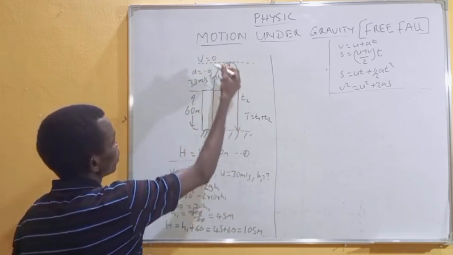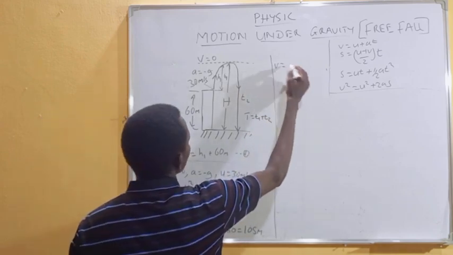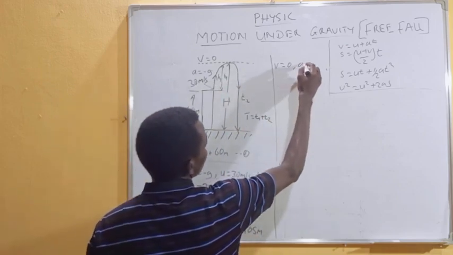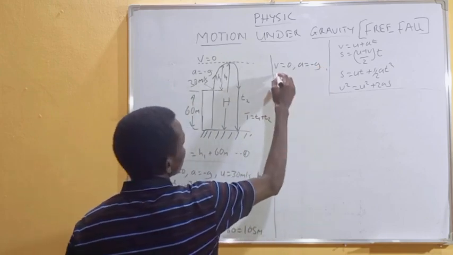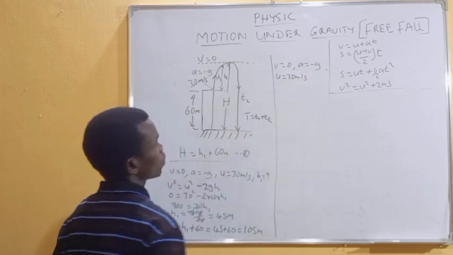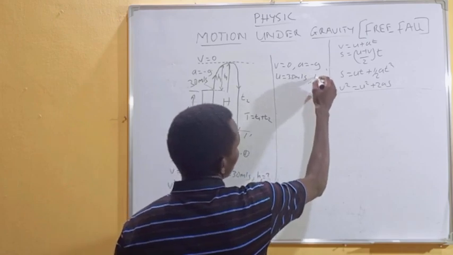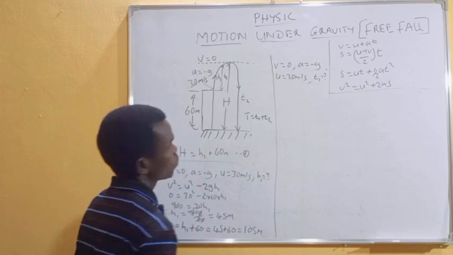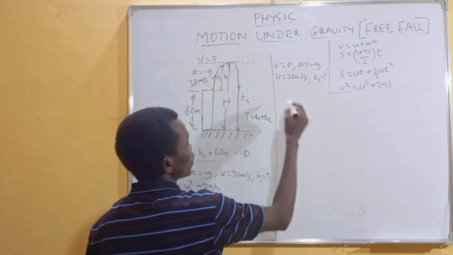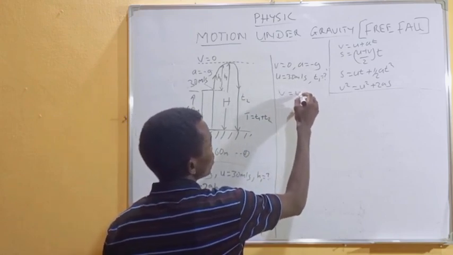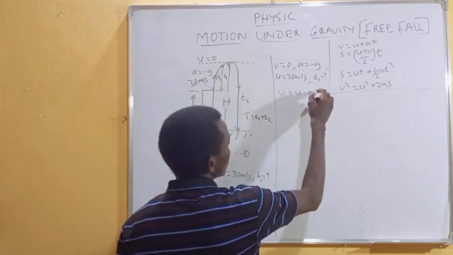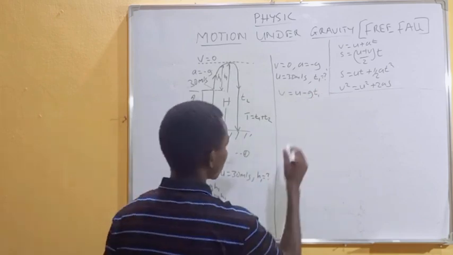Using this value, v is equal to 0. Also, a is equal to negative g, and initial velocity is equal to 30 meters per second. From here now, we can find our T1. If we consider this parameter, we can use equation 1 to find T1, which is v is equal to u minus g, since it is moving upward, times T1.